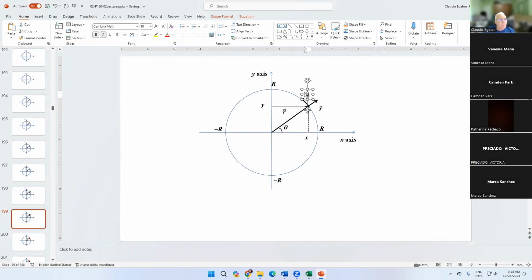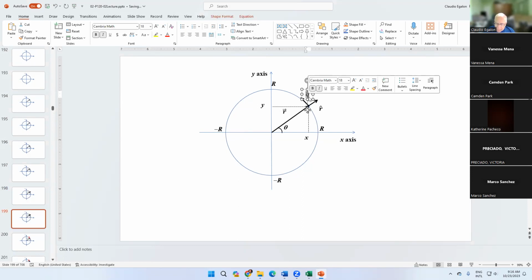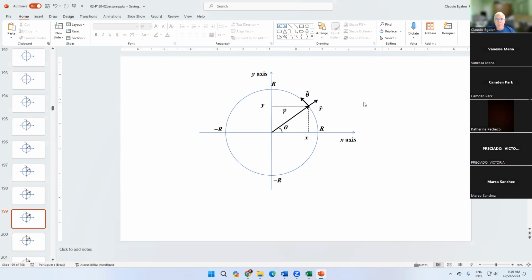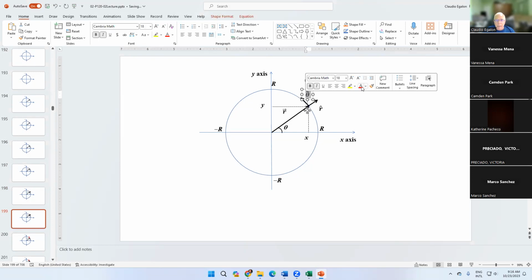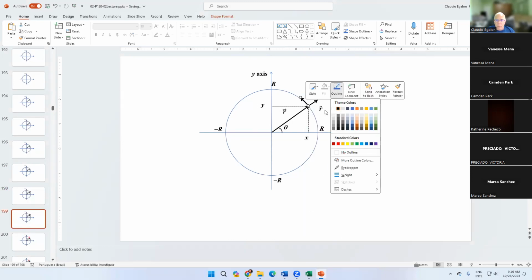Now I have to change the symbol here. It didn't change. Let's try again. I think I know what the problem is. Good, I got it. And I want to change it to red color. This one is going to be changed to red color as well.